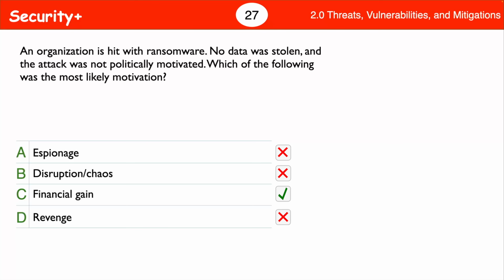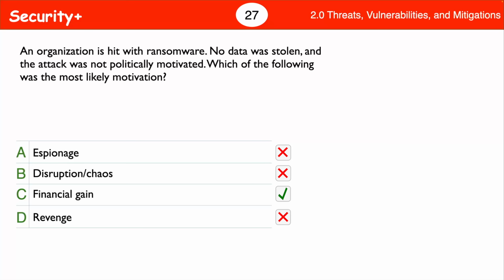Ransomware attacks are designed to extort money. Therefore, financial gain is the best answer. The reason I have this question in here is because a CompTIA tip is whenever you see ransomware on a question, assume it is for financial gain.